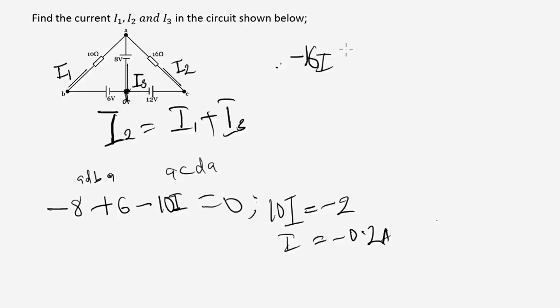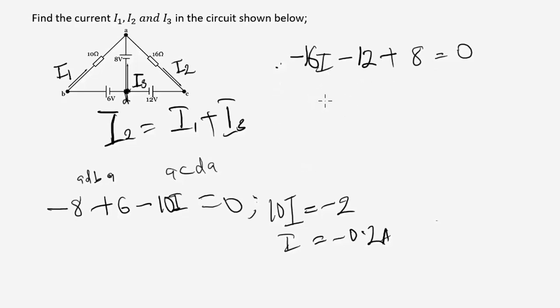So what's that? Minus, right? Minus 12 volts. And then from here we're moving negative to positive. And what should we have here? A positive sign. That's plus 8, right? Alright, so these together gives us 0. So we are equating this to 0.